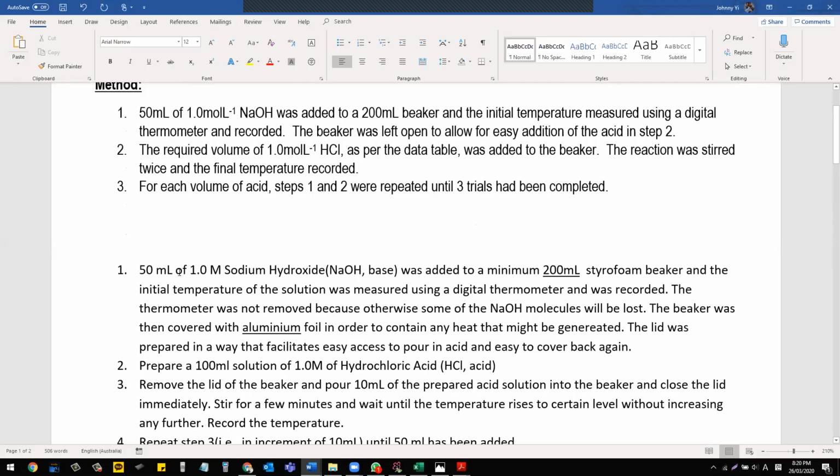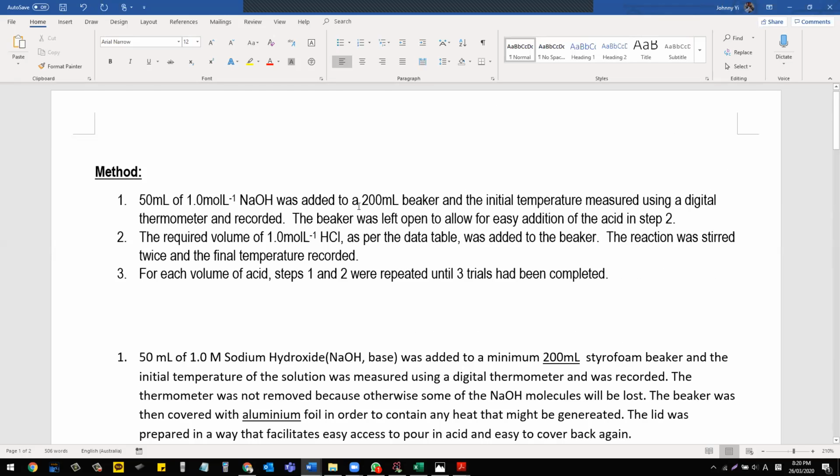So what I did was change to a 200 mL beaker. It says the initial temperature was measured using a digital thermometer and recorded. But I said it was added to about 200 mL styrofoam beaker, and the initial temperature of the solution was measured using a digital thermometer and was recorded. The thermometer was not removed.